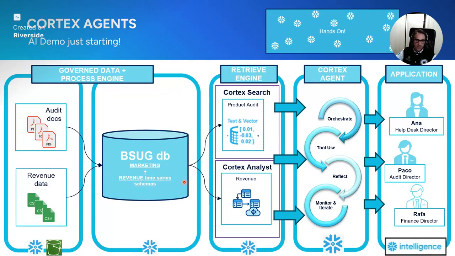Okay, but finally we are trying to do that. So we have different documents. Here we have the phases of the governed data and our process engine. We are ingesting information from PDFs in our database, and revenue information as well in the different schemas: audit docs in marketing, and revenue data in the revenue time series schema.